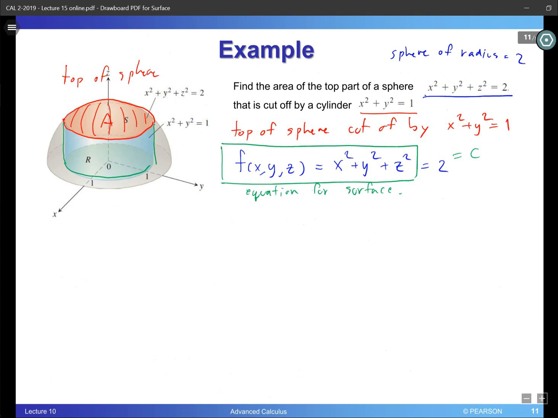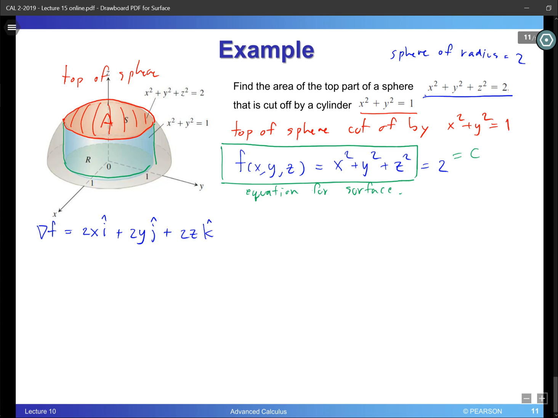What we need to do is to find the gradient of f, because from the formula we need that. Gradient of f is going to be equal to the partial derivative of f with respect to x, that is 2x, for the first component, and partial derivative of f with respect to y for the next component, that is 2y, and then partial derivative of f with respect to z, that is 2z, and this is the last component k.